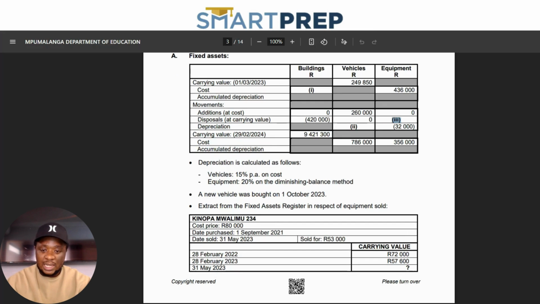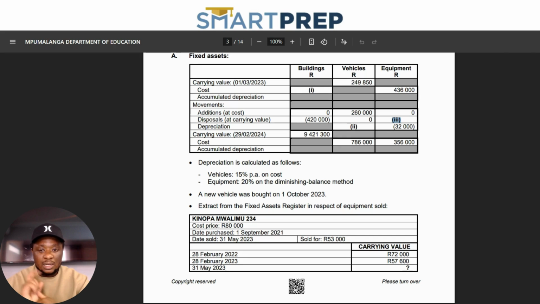And then we can see that the carrying value of this equipment has updated a bit because obviously we had a carrying value at the end of 2022, carrying value at the end of 2023, and then now it is sold on 31 May 2023. So that basically just means that we need to calculate the depreciation in the current year relating to this specific piece of equipment that was sold.